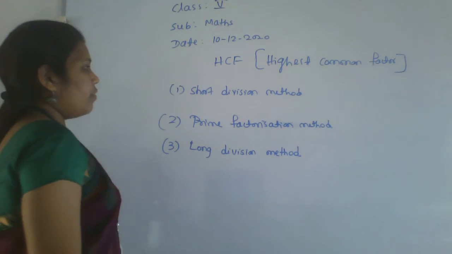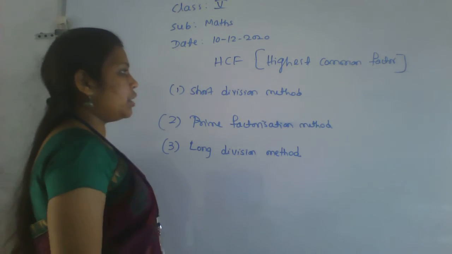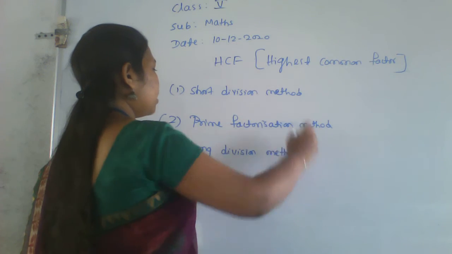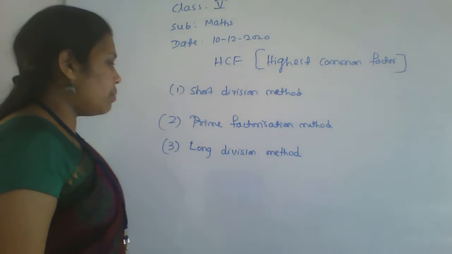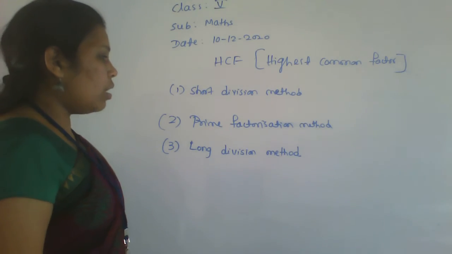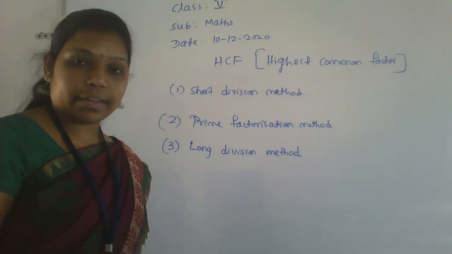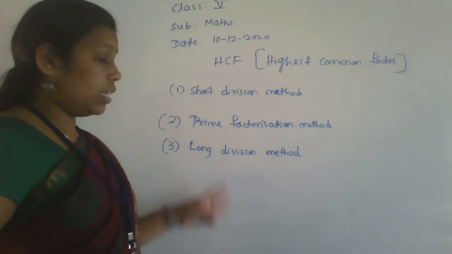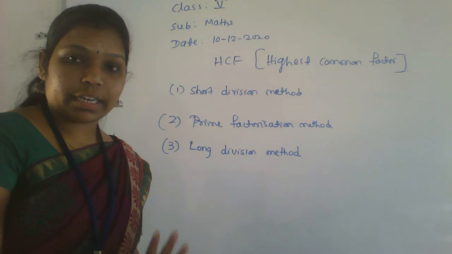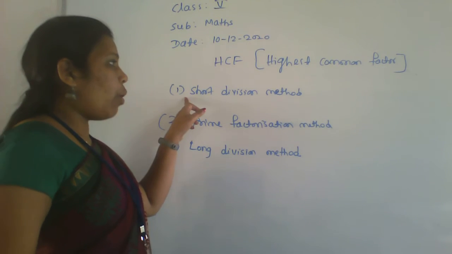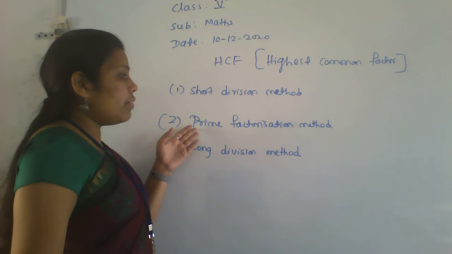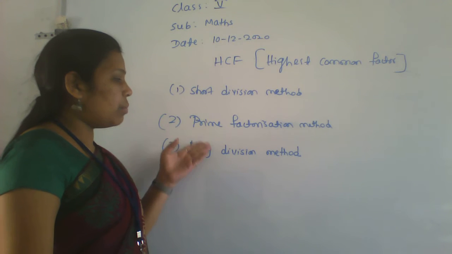Okay. First one is the short division method. Next one is the prime factorization method. Next one is the long division method. We are having three methods here. First one is the short division method. Second one is the prime factorization method.